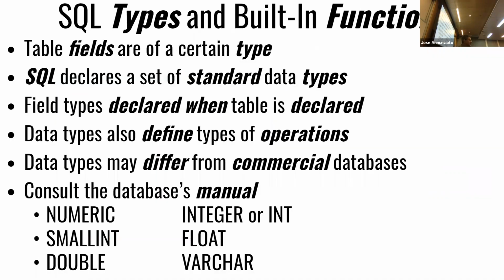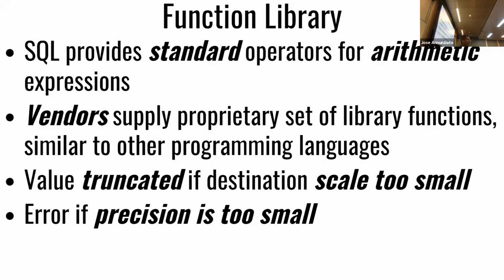Data types, they're obviously the most common data types, the numeric, integers, floats, varchars, doubles, dates, right? Now each vendor also provides all sorts of functions to do all sorts of arithmetic operations on your data set.